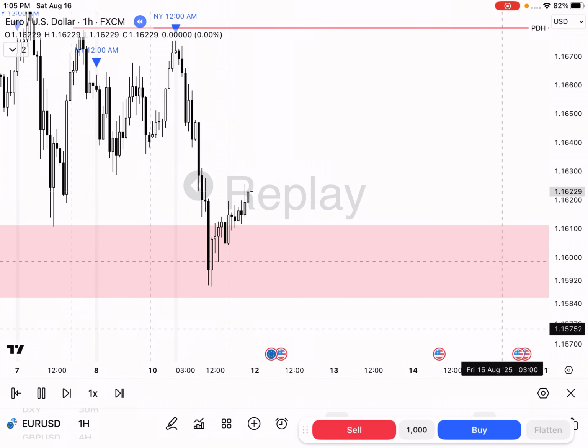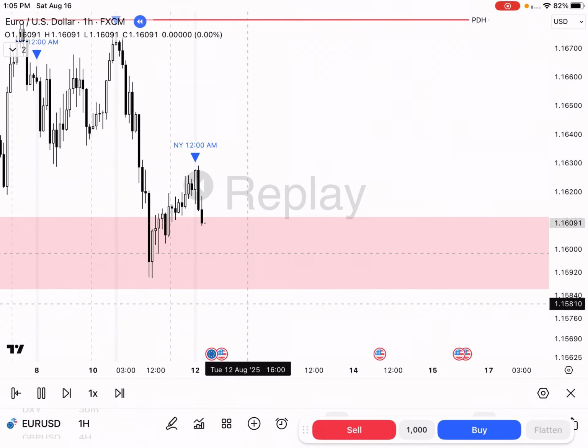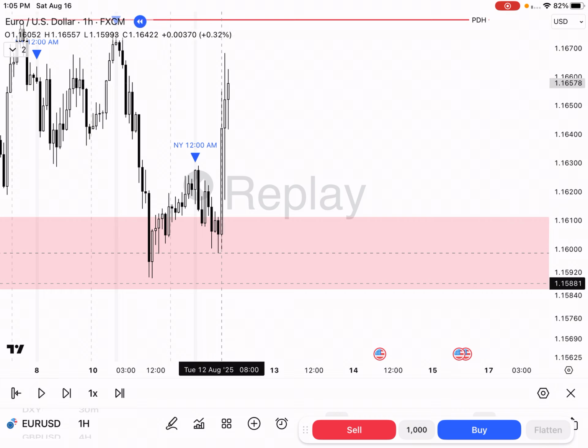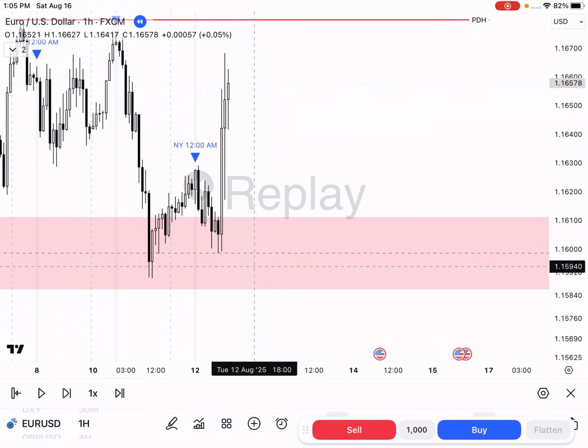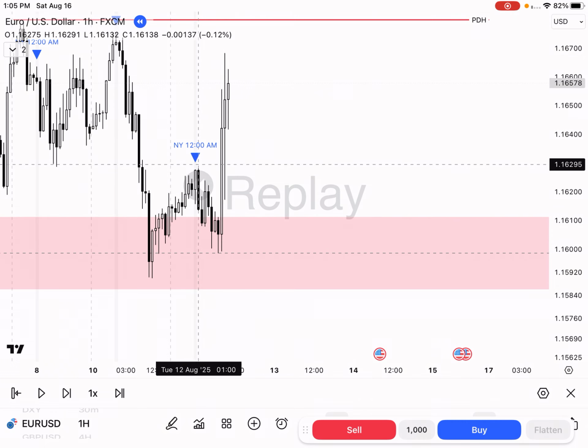We are on Tuesday, the day of CPI. After CPI, this candle closes above, which shows a market structure shift.